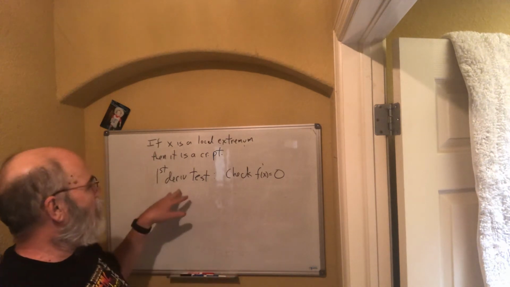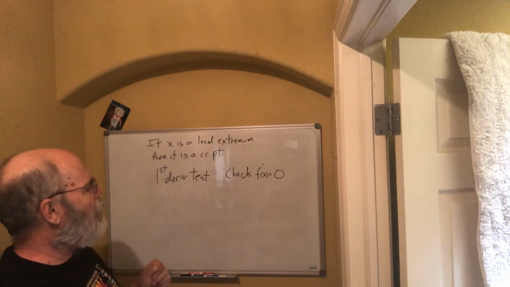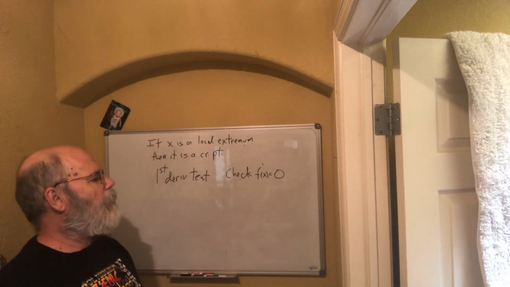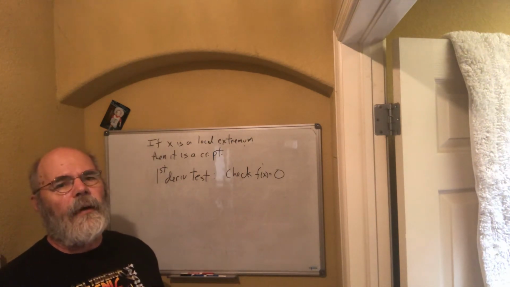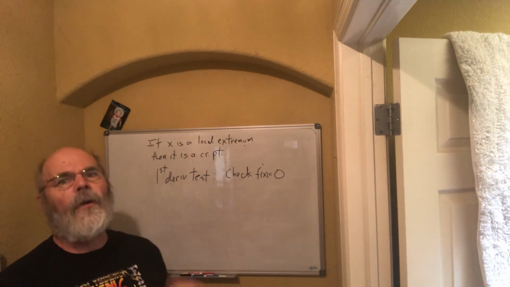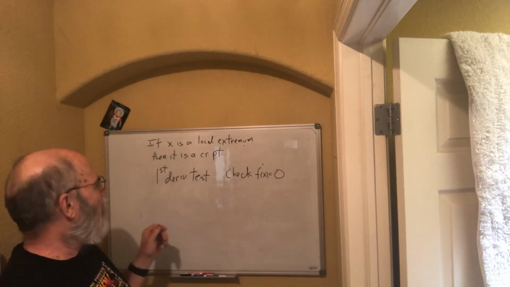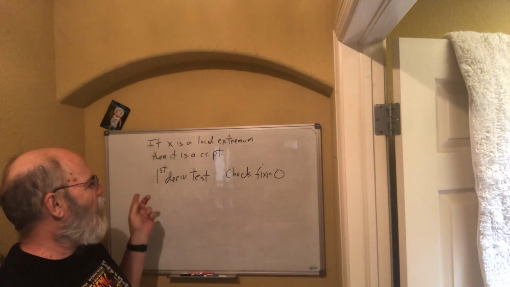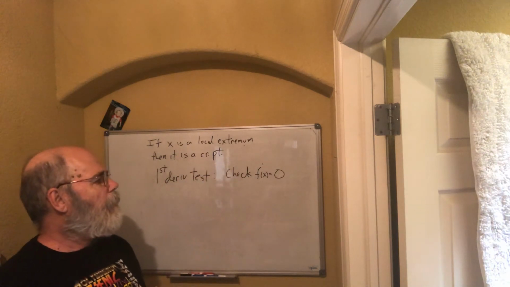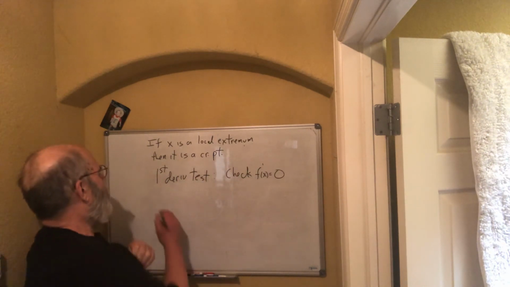But the first thing you do is the first derivative test. So we're checking to see if x is a local extremum. The first thing you do is take the derivative, evaluate it, and see if it's 0. There's other problems, of course, too. You could do it the other way if you're looking for an extremum, but let's just talk about it this way, okay? So if I have an x and I want to know, the first thing I do is check its derivative and see if it's equal to 0.